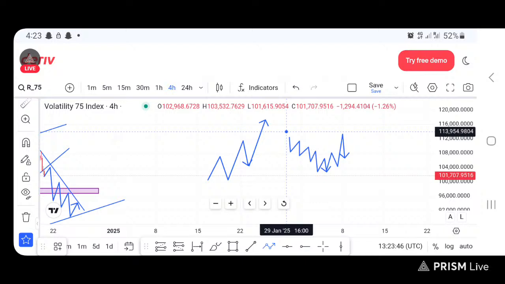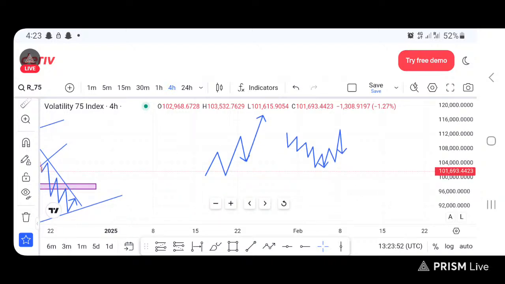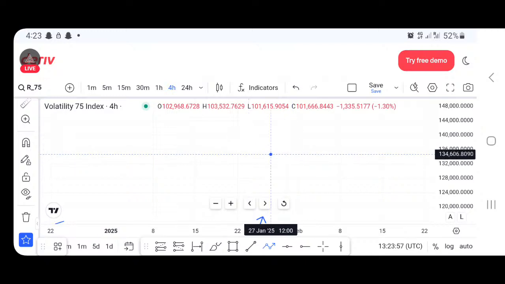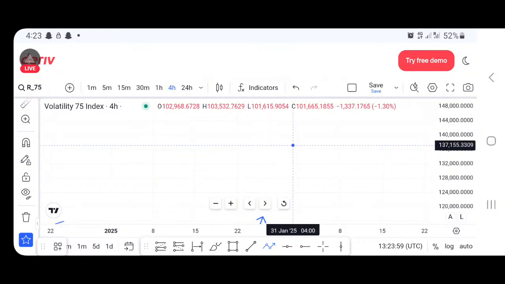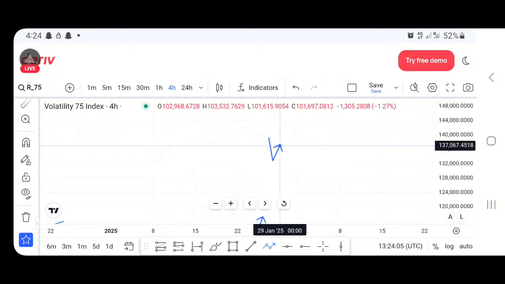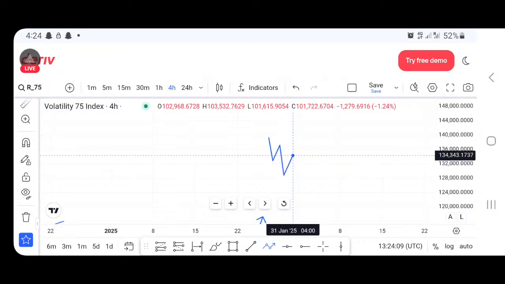So how do you intervene there? When that happens, you have to wait until H1 is completing and going to change the direction, and in minute 5 it has to do something like this. It will make a low, it makes a high, it makes a low here, makes a high, it makes a low.